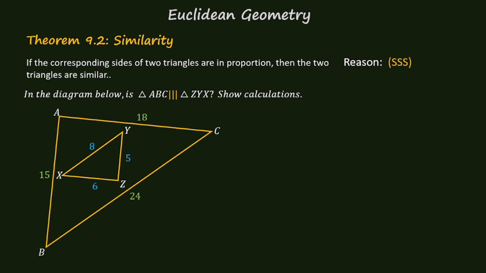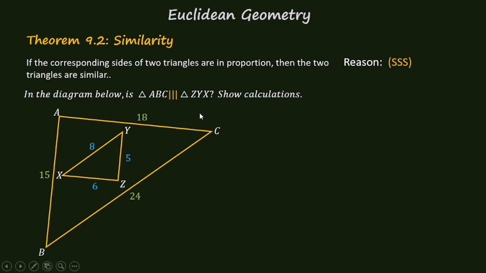If the ratios are the same or equal, then the two triangles will be similar to each other. Now, by corresponding sides, I mean if I take AB over ZY, AC over ZX, BC over YX, all these ratios must give me the same answer. There must be the same ratio.